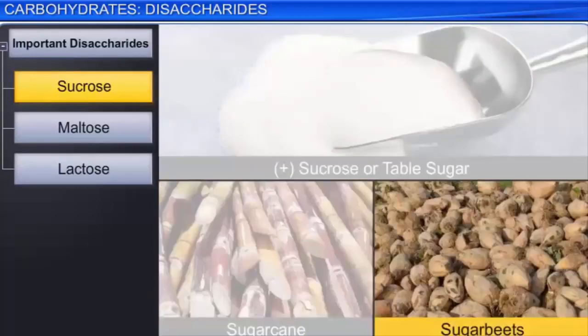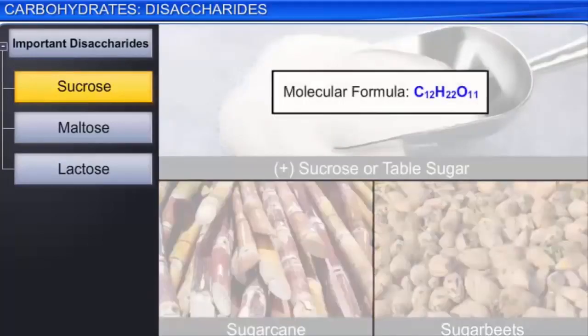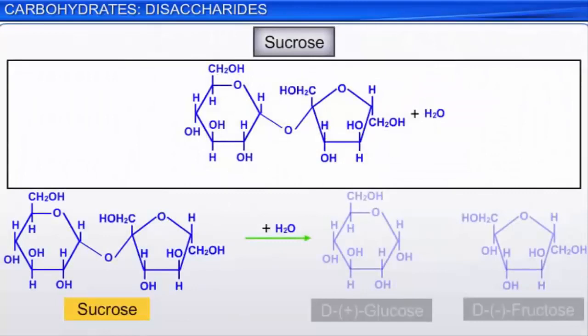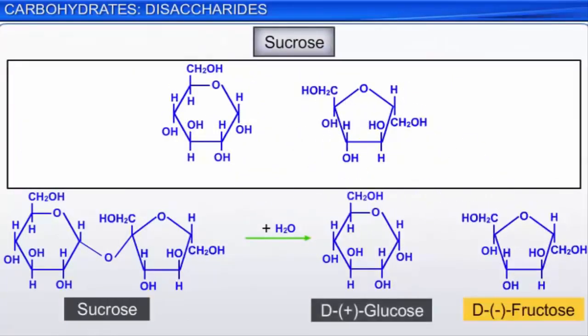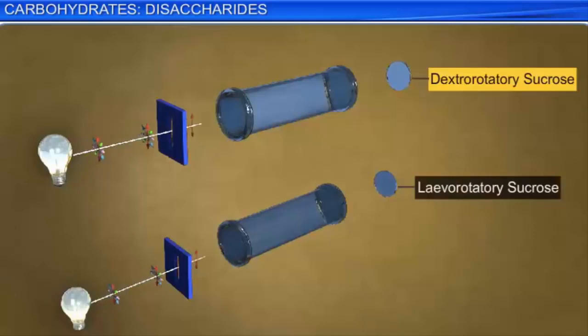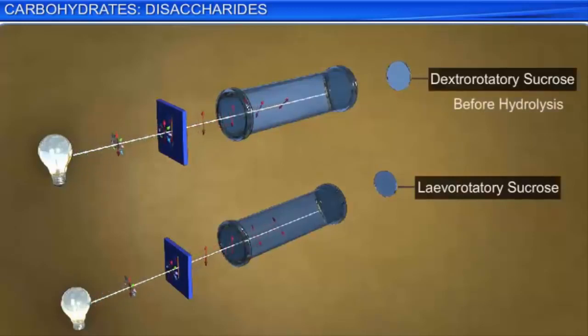It has the molecular formula C12H22O11. The hydrolysis of sucrose yields an equimolecular mixture of D-(+)-glucose and D-(-)-fructose. Solutions of sucrose are dextrorotatory, but when sucrose is hydrolyzed, it becomes levorotatory.